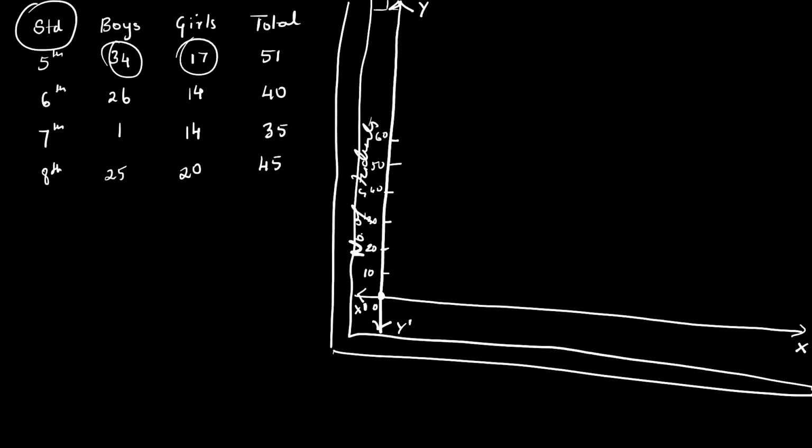Same way, the way we have given a heading as number of students here, here also give the heading as standard, because we are going to write 5th, 6th, 7th, 8th for this standard.